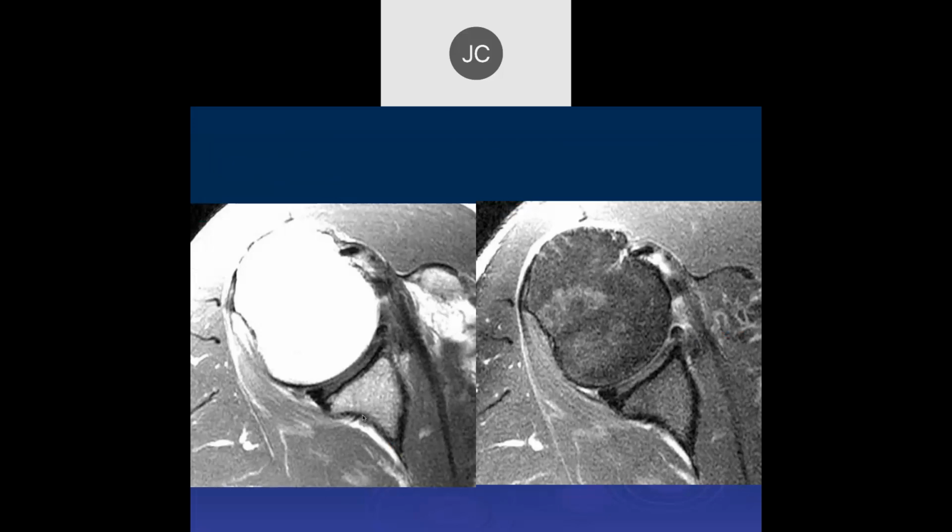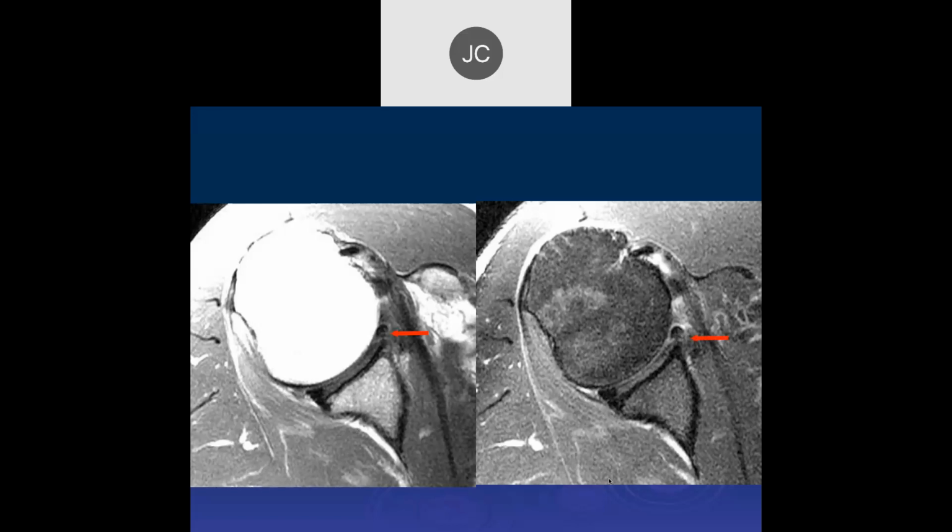Okay, Yvonne. Okay, so we're looking at an axial image or axial images. So it looks like there's some possible discontinuity of, I believe that's the anterior labrum right there.